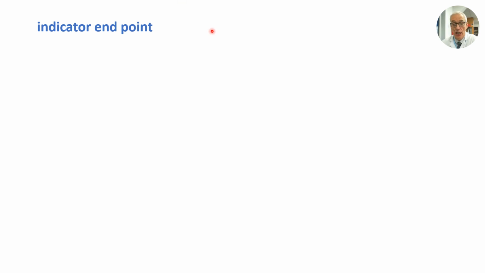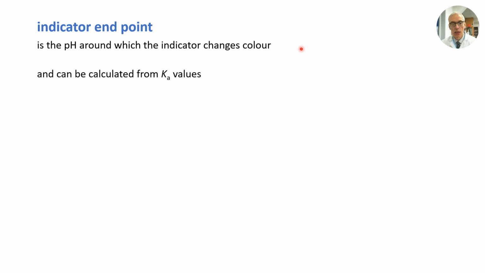Indicators change color at a particular pH, and the pH around which indicators do change color is referred to as the indicator endpoint. And we can calculate that from Ka values. So indicators are weak acids, they will have a Ka value.